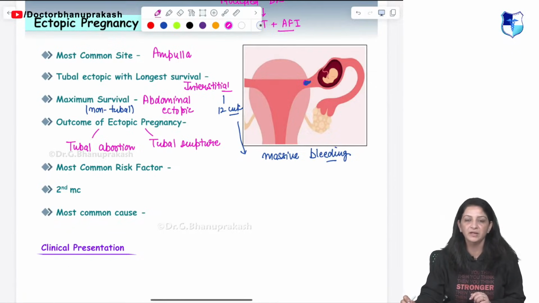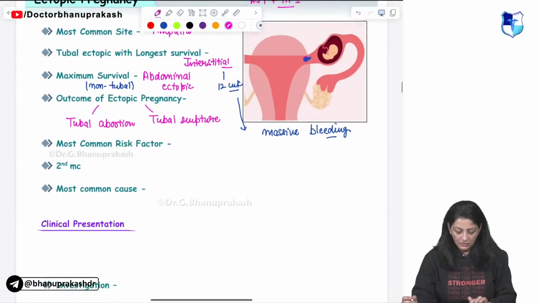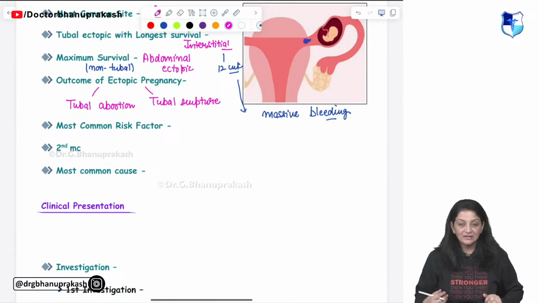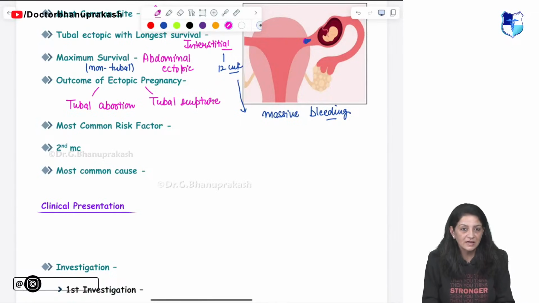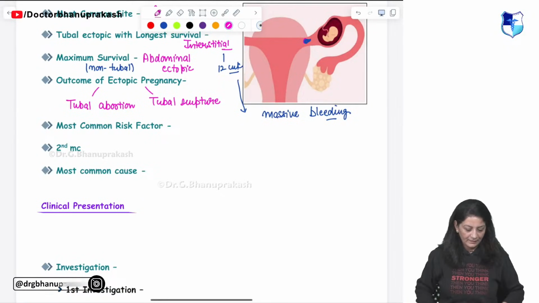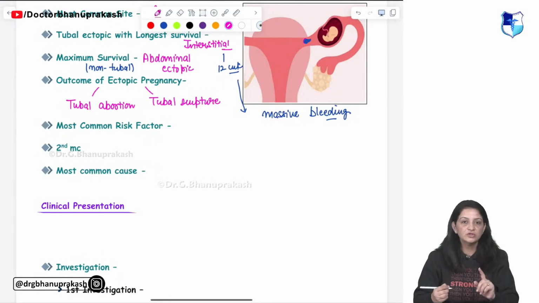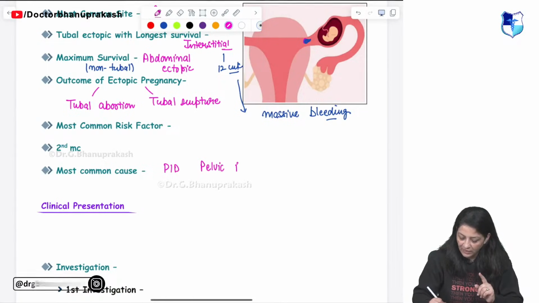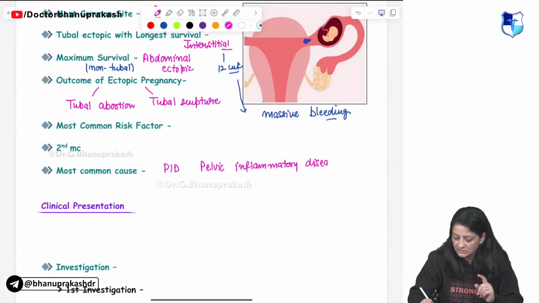So what is the most common risk factor? See, there is a difference between risk factor and most common cause. The most common cause is PID, pelvic inflammatory disease.